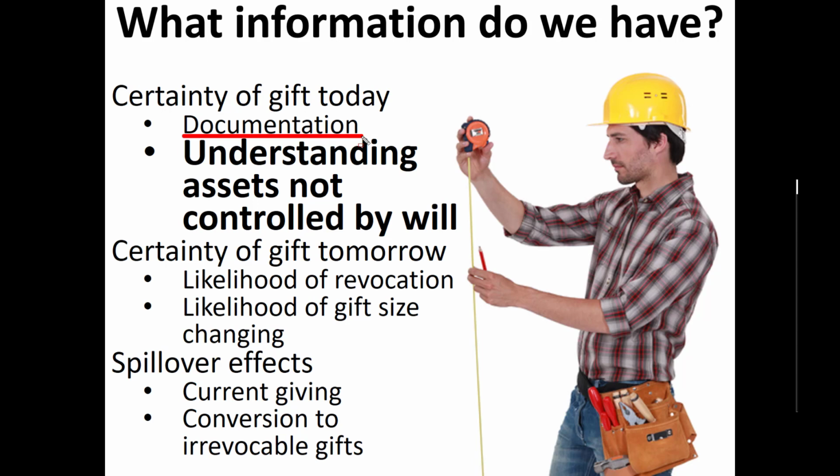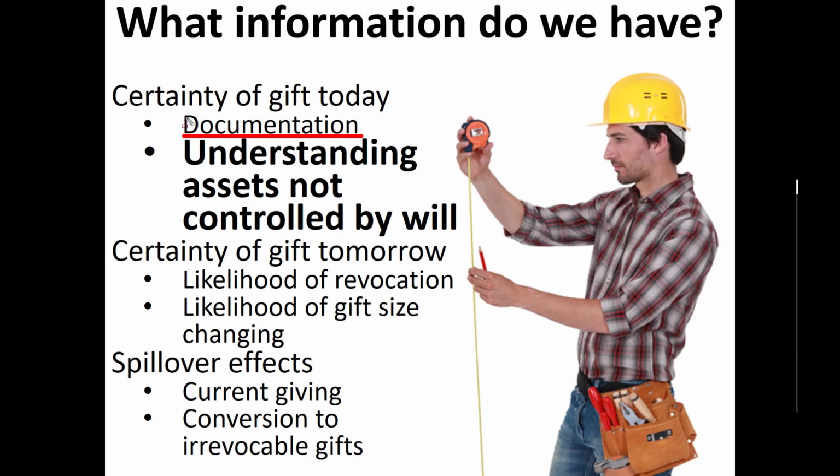Okay, that suggests that if we want to be certain about a gift, at least certain that the gift would have an effect today, we not only have to have documentation, but we have to know how the assets are actually titled or actually held. Now, that may not be the case if you happen to have documentation that you are, let's say, the beneficiary of an IRA.